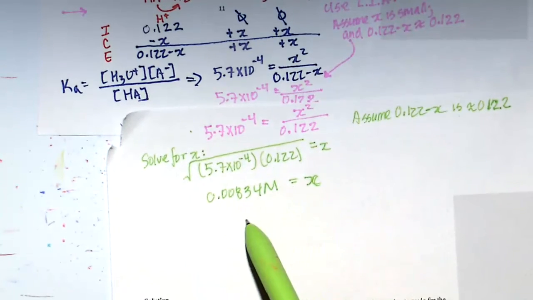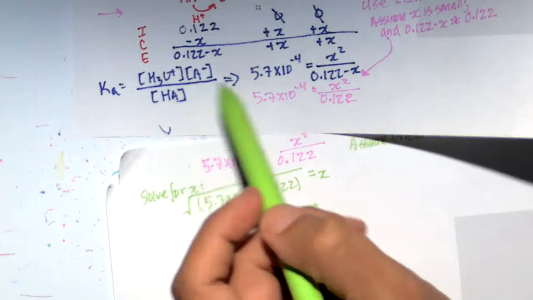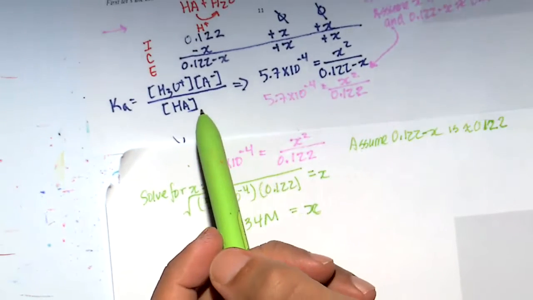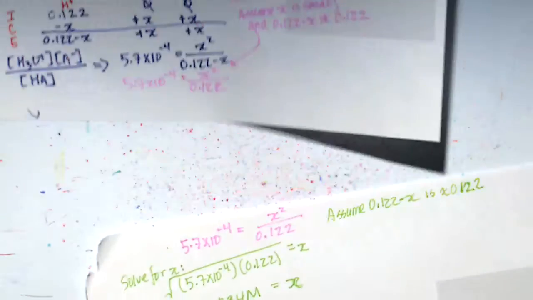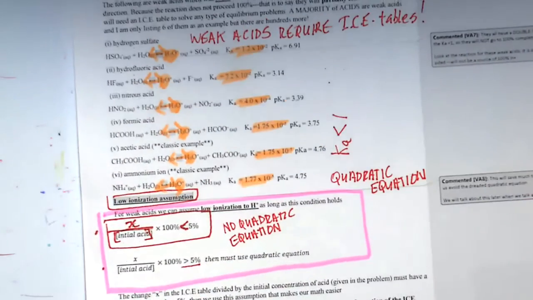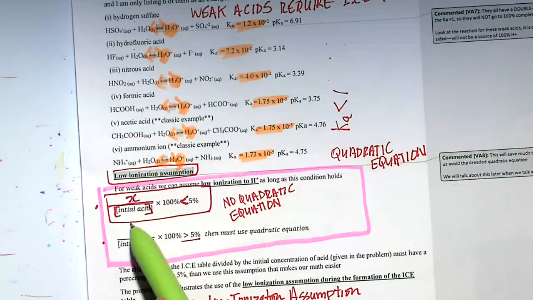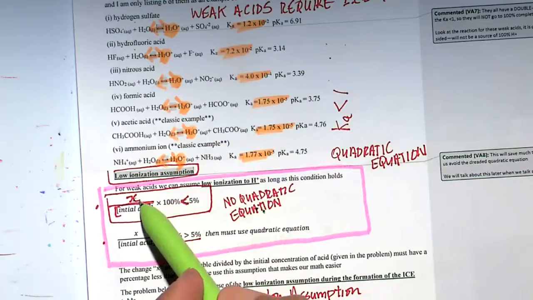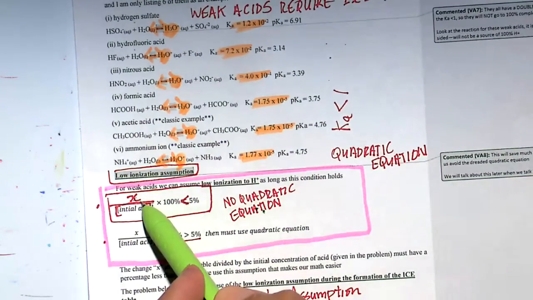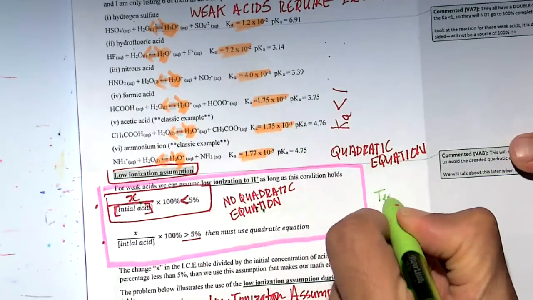So is this our value of x that we plug back in here? Well, let's see if our assumption is correct. The assumption is that if the percent ionization is less than 5%, that is a significantly weak acid, low ionization, and we don't have to solve for x using the quadratic. So let's test our low ionization assumption.